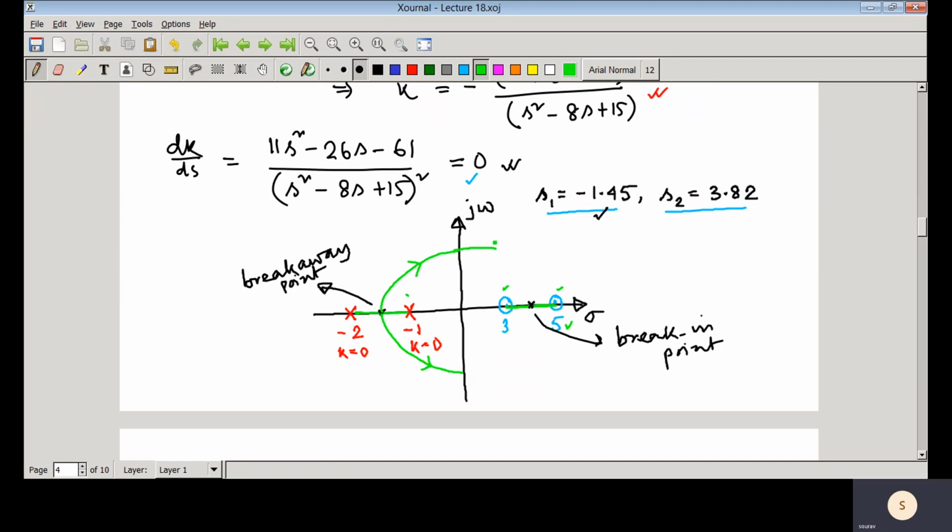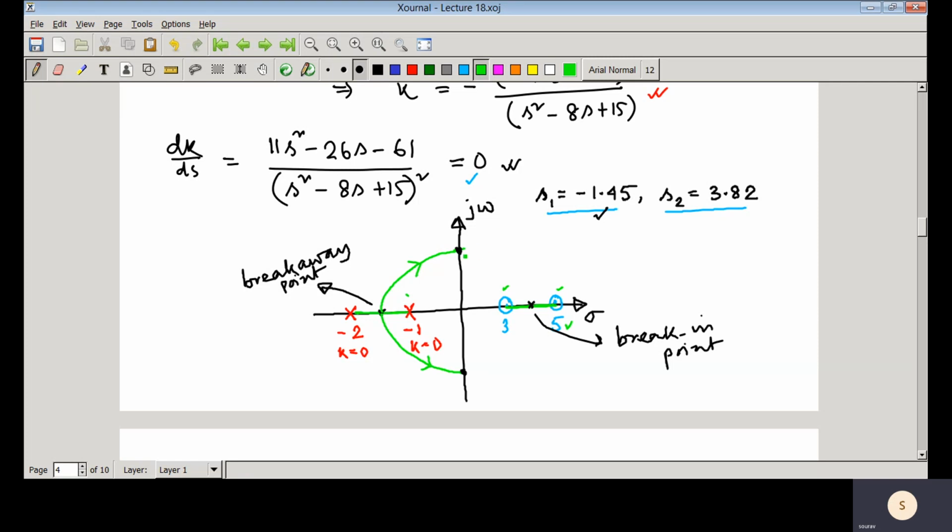If you keep on increasing K, they cross the imaginary axis at these points.